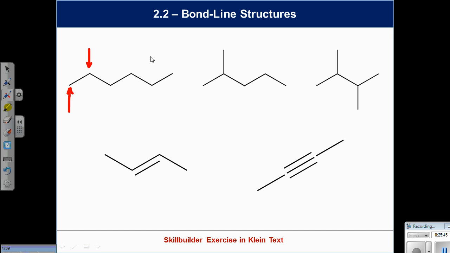CH2. What about at this end? CH3. What about right here? CH. So what you're doing, hopefully, is realizing I'm looking at 3 bonds. I need to have 4. There's 1 hydrogen left. Because we're taking out the hydrogens, because often they don't do anything, and it's prohibitive to draw those things. What's over here? CH. What's at the top of this guy? CH3. Straightforward for the alkanes.